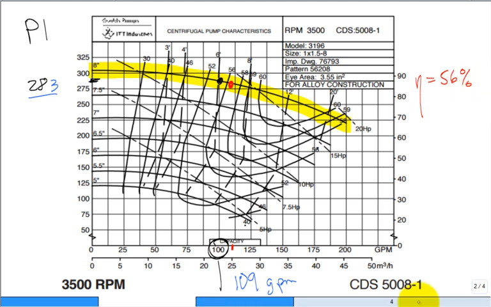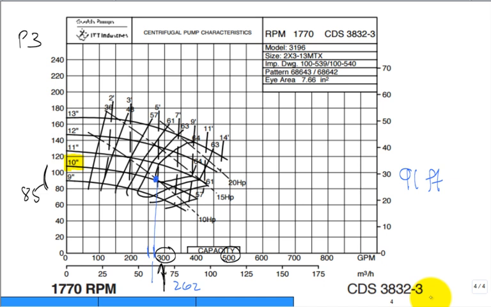And then the third pump, we already said it was running at 262, and so it comes up right here. What's the efficiency at that point? 64%, right? I think I picked 63 in my calcs, but that's okay. I can update it. But 64 looks good.